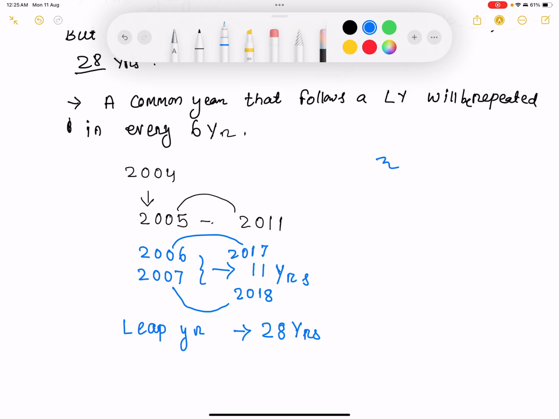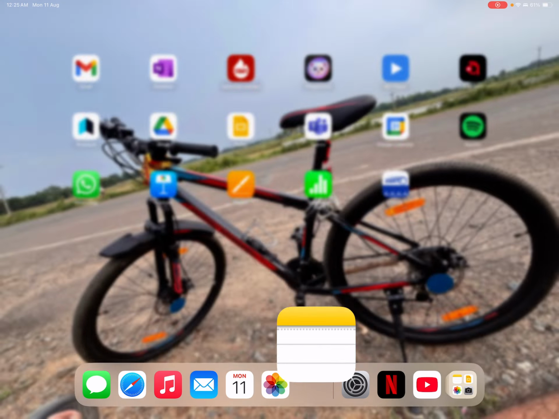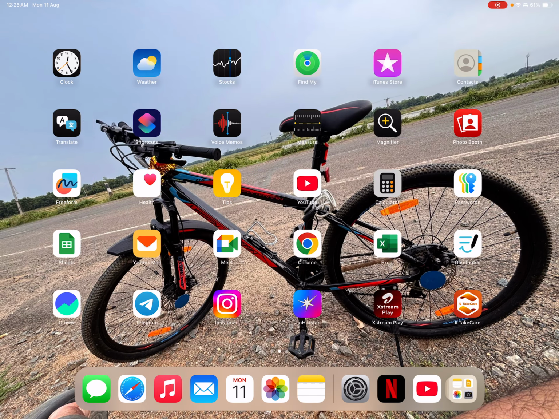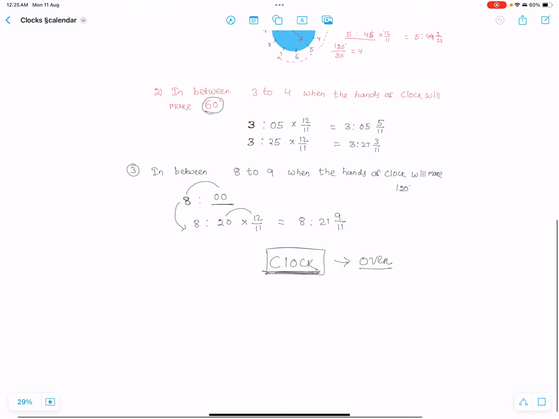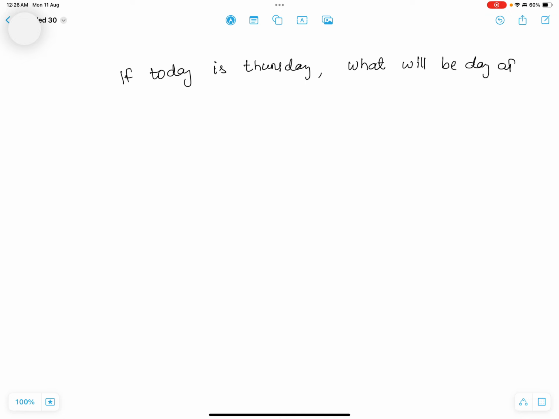Now comes to referential. Okay, referential means, just 1 minute. Suppose a question will be like this: if today is Thursday, what will be the day after 62 days?